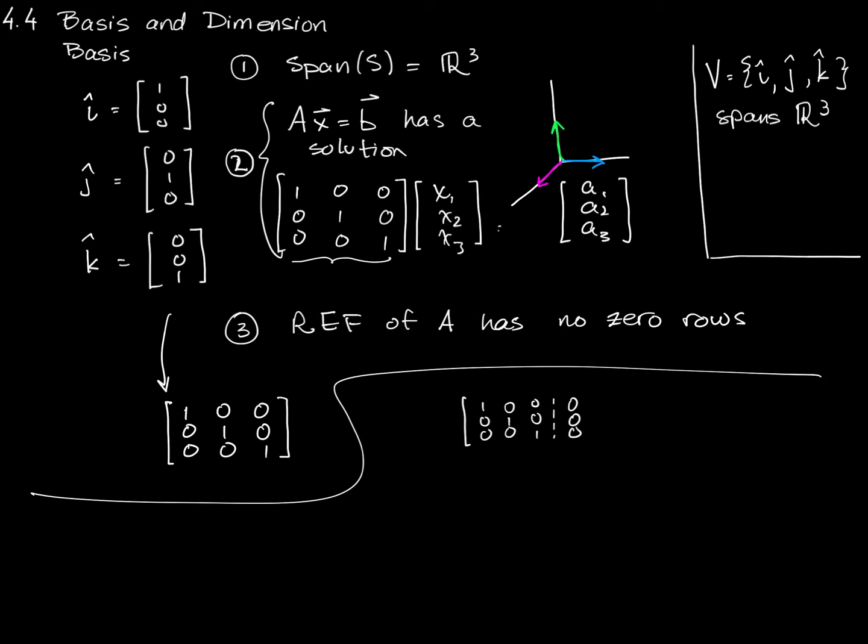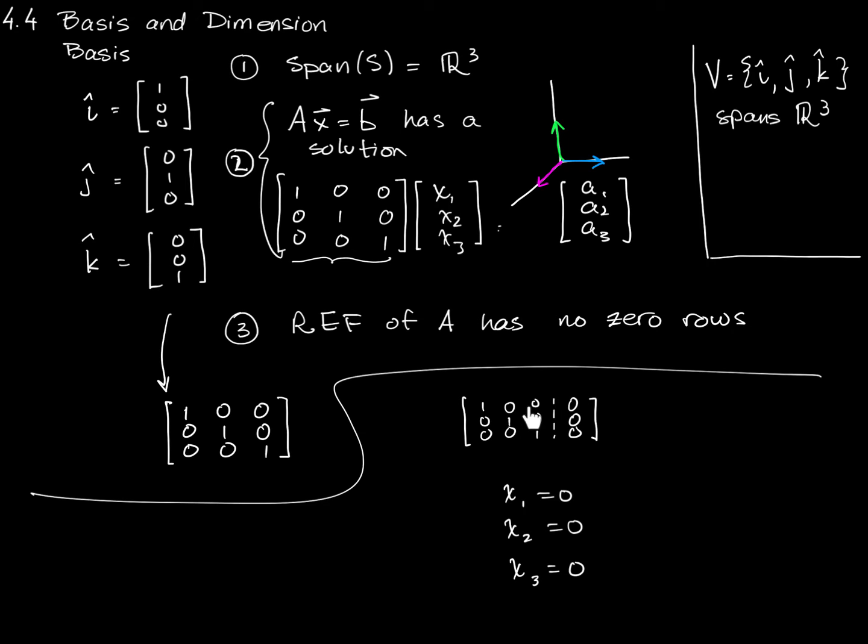It turns out that if this matrix, when I row reduce it, it's already row reduced, if the system of equations that produces this matrix only has the trivial solution, in other words, the only solution is x1 equals 0, x2 equals 0, x3 equals 0, then these three vectors are linearly independent.